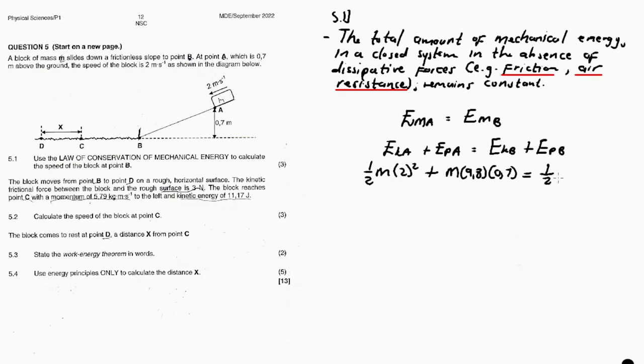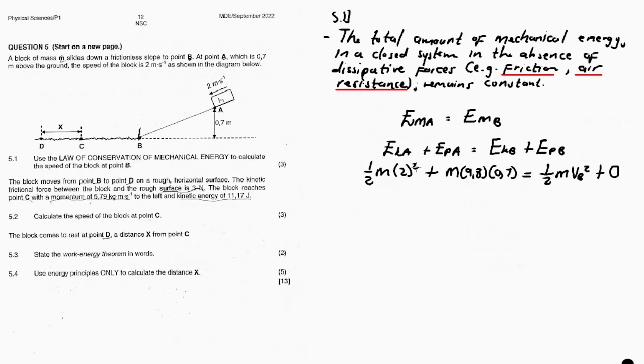We are going to calculate the velocity of the block at point B, so we must make VB squared, which is the speed of the block at B, the subject of the formula. The potential energy at B is 0, since point B is on the ground. Our reference is the ground.